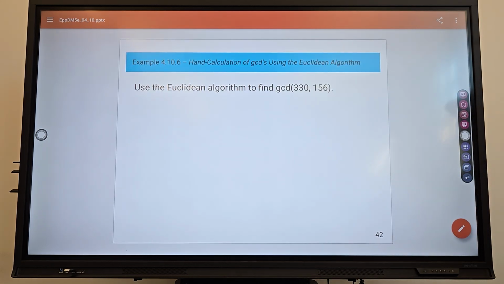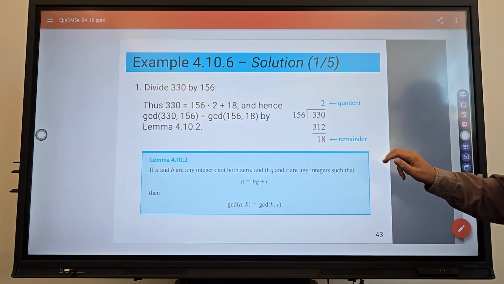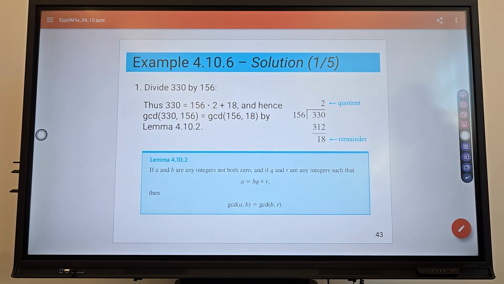Use the Euclidean algorithm to find GCD(330, 156). Divide 330 by 156. You get 2 with a remainder of 18.